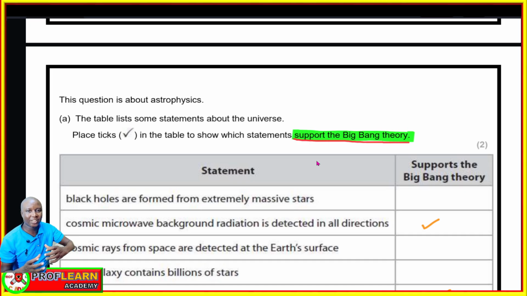And also, since the universe is expanding, that is in line with Big Bang Theory. If you observe light from distant galaxies, you realize that these galaxies display a redshift. So if there is a redshift from distant galaxies, it means that the universe is still expanding until now.